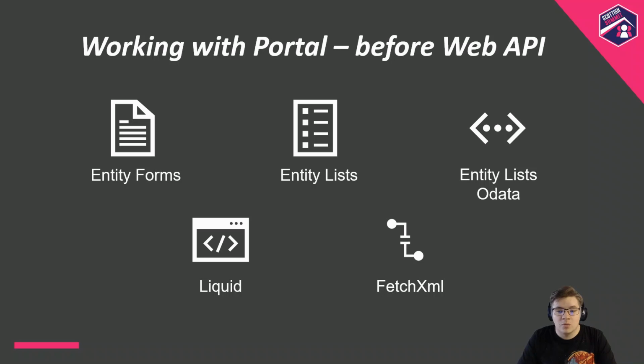Now, the issue with this is that it's completely anonymous, meaning that you cannot apply any security to it, and any user of the portal, even an anonymous user, can access the data from it. And it's highlighted in the documentation. You shouldn't use it to expose any data that has some security considerations, and it should be used only for something like product lists or stuff that should be available for everyone freely.